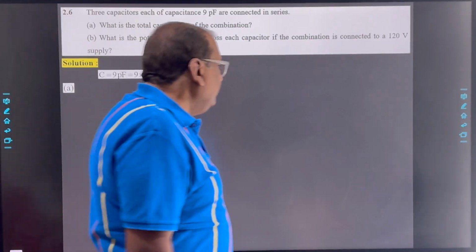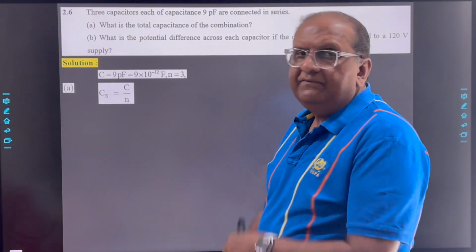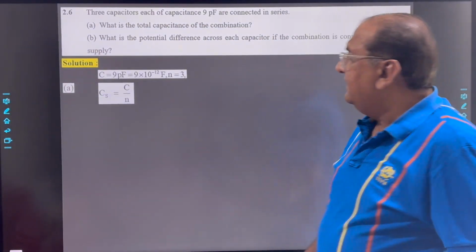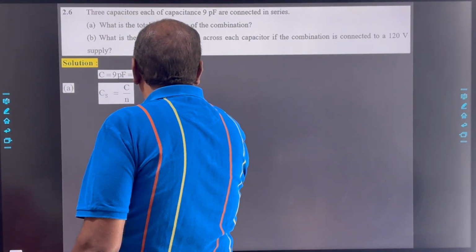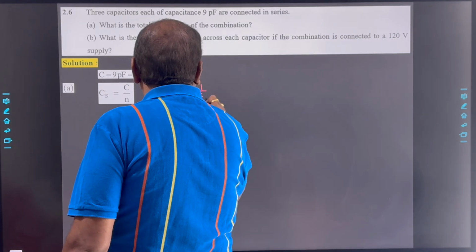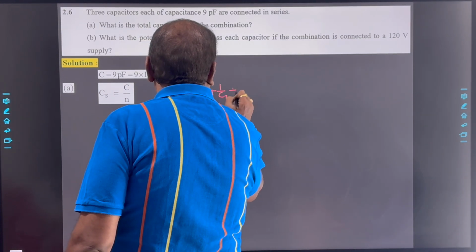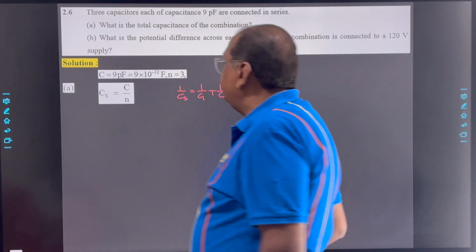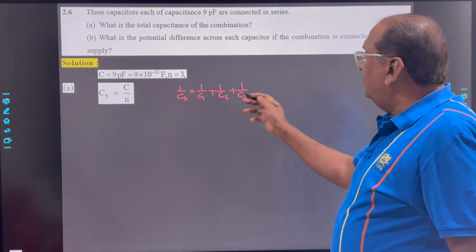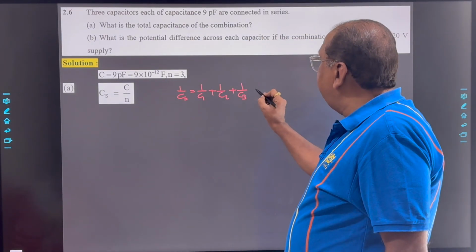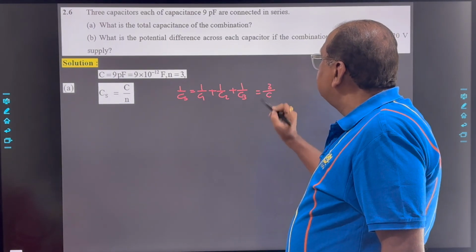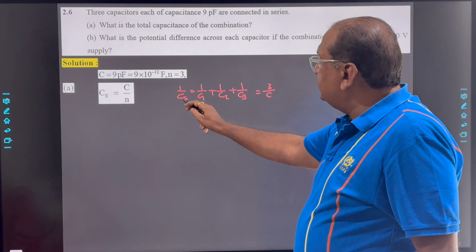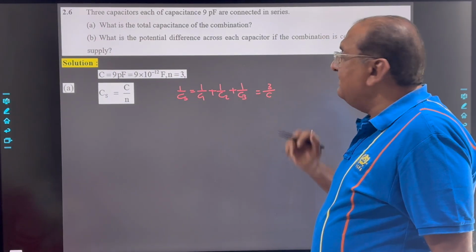Now in series combination, we know this thing, the resultant capacitance is given by 1 upon Cs equal to 1 upon C1 plus 1 upon C2 plus 1 upon C3. And all these three capacitors are with the same value. So we can write 3 by C, so we can write Cs equal to C by 3.